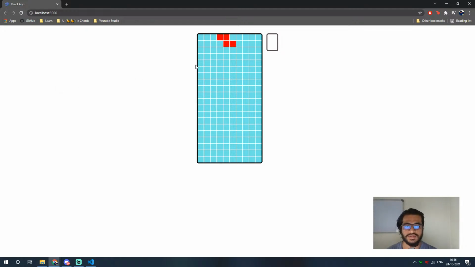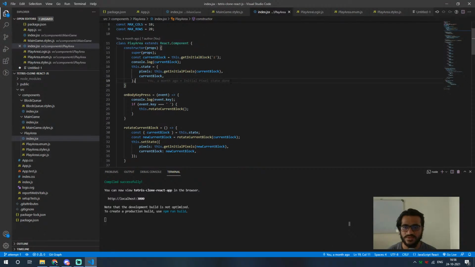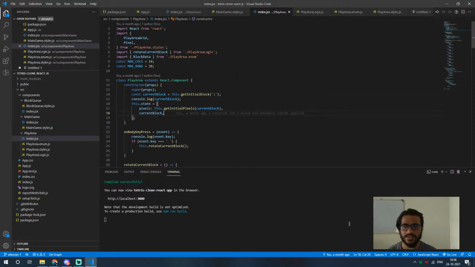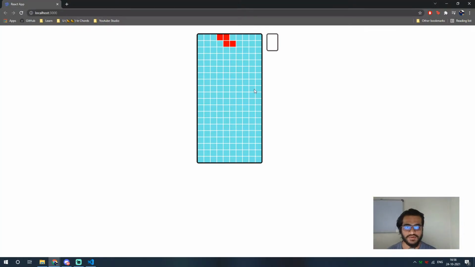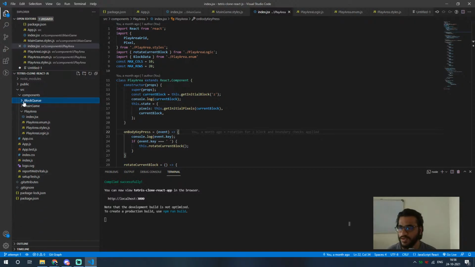Also, nothing much was done, and code wise too, only the layout, figuring out the layout, was done, and the boundary check was done. So let me just recap what we did in the last session.